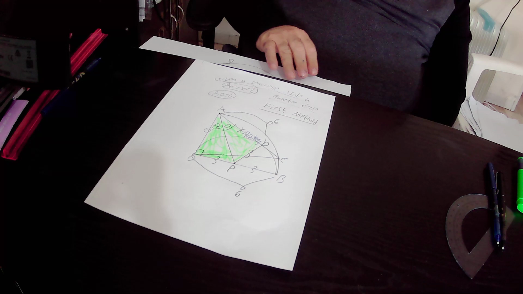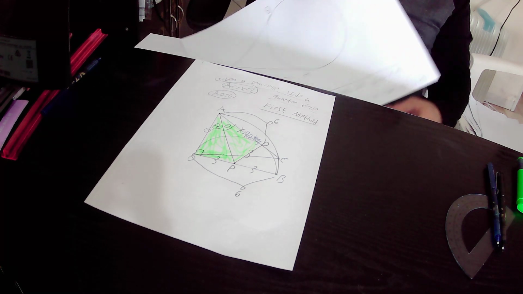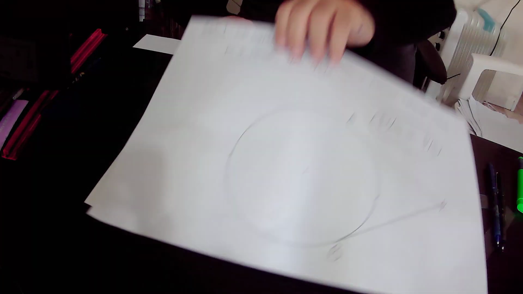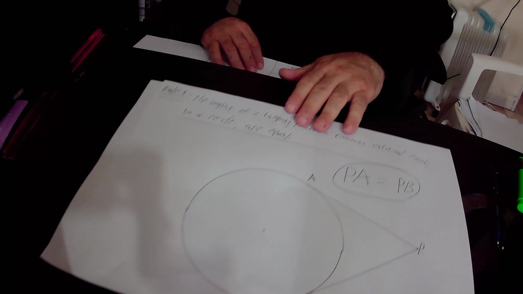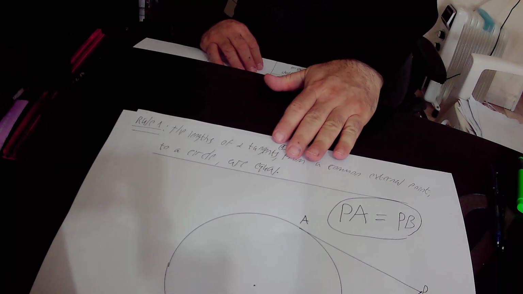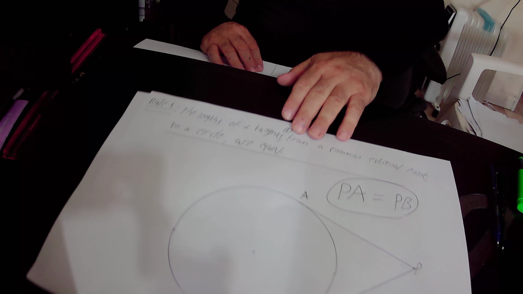And then I presented to you a new rule, that is rule number 1. According to rule number 1, the lengths of two tangents from a common external point to a circle are equal.